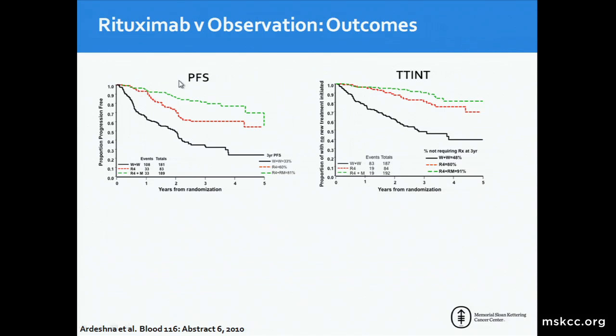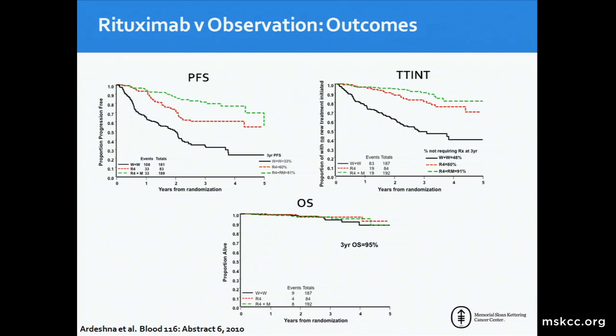And that's because many of these progression events are actually trivial volume progressions and result in asymptomatic patients who don't need treatment. So even though they progress, they actually don't need to start treatment. But importantly, at the time of the publication, there was no difference in overall survival across the 3 arms.